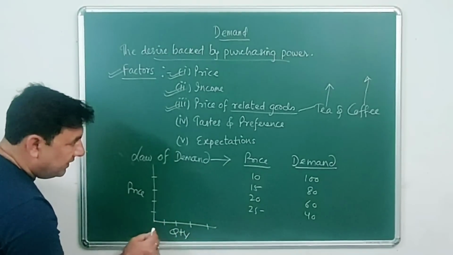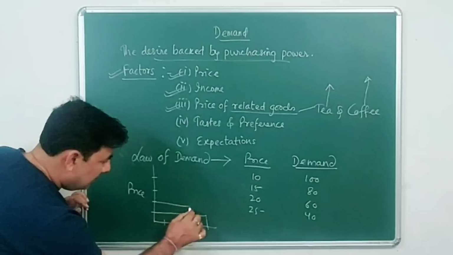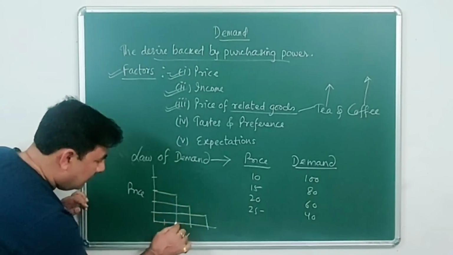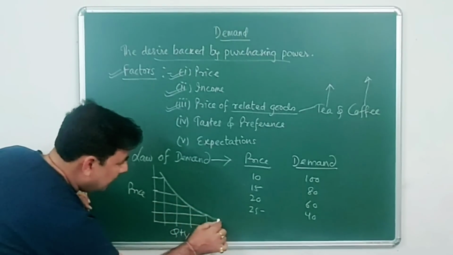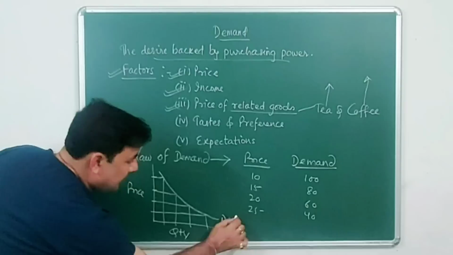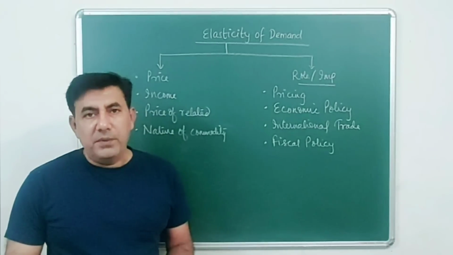So you will get something like this. When you join all these points, you will get a curve like this. So this is called the demand curve, right? It always slopes downward.